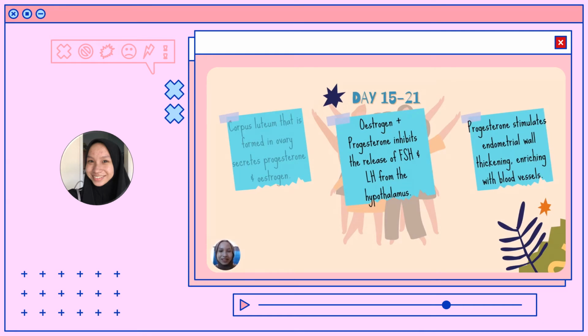Okay, so next, the combination of estrogen and progesterone will inhibit the release of FSH and LH from the hypothalamus via the negative feedback mechanism.